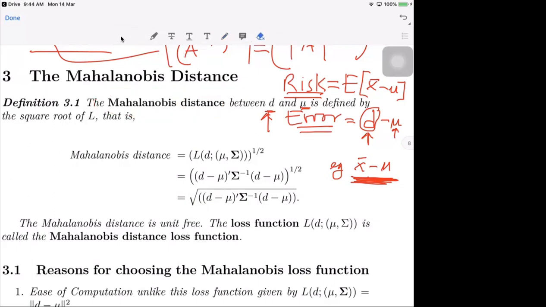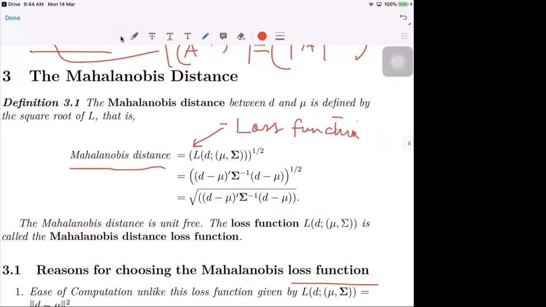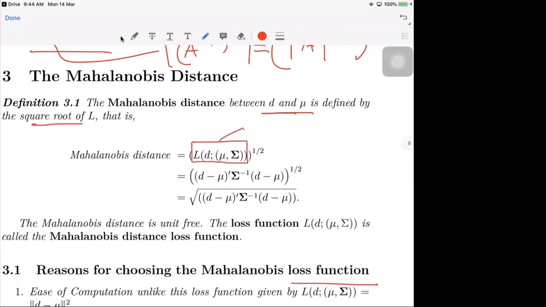He's the one who introduced the concept of distances in terms of L. L here is usually referred to as the loss function, no? So later you will see the Mahalanobis loss function. Let's define the Mahalanobis distance between D and U, which is the square root of a loss function. The loss function is denoted by this.